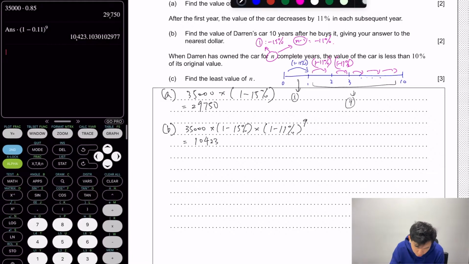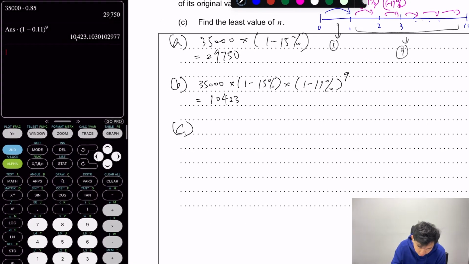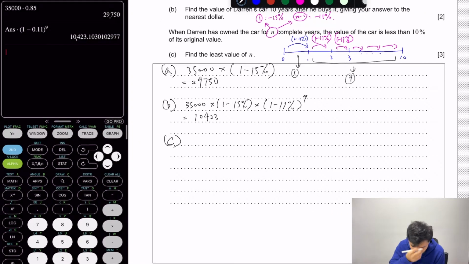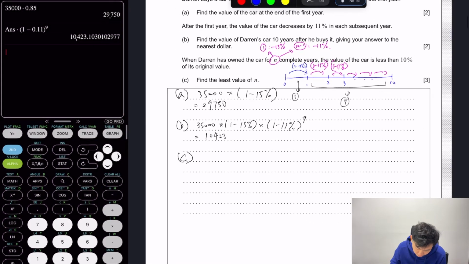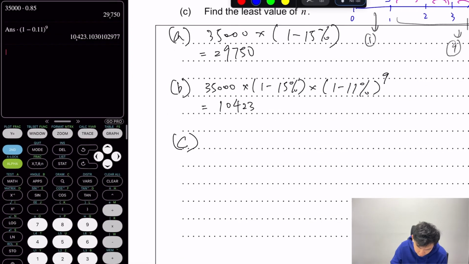So then what you can do right now, part C, you're going to set it up first. Actually, in this case, you do not have to, or you can just find it out first. Okay, so 10% of the value, which is 10% times 35000 is equal to 3,500, right?